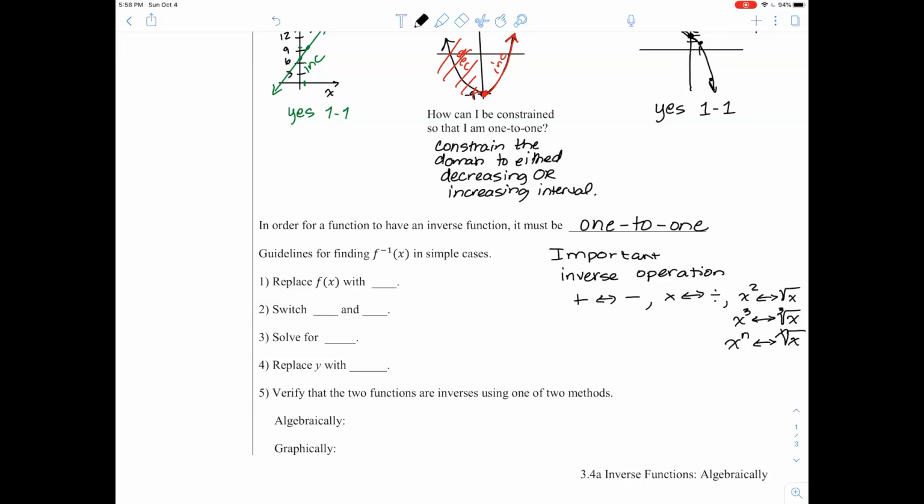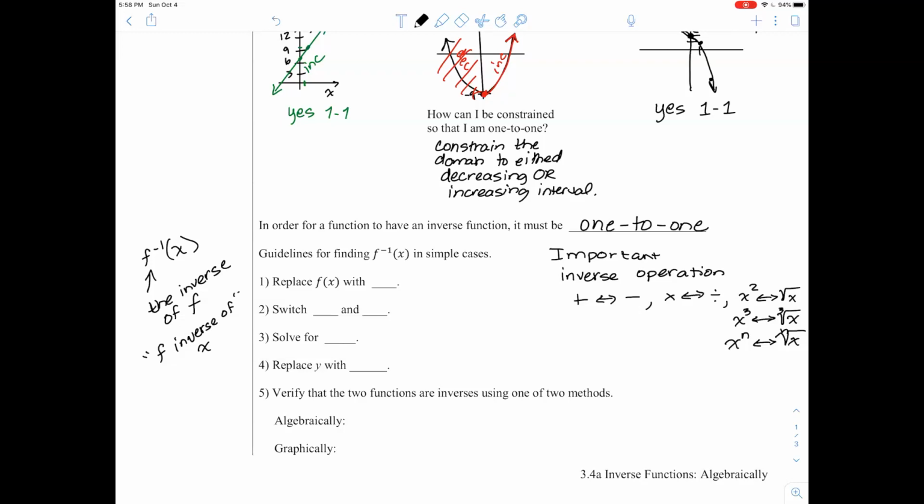And now let's go and fill out our guidelines for finding. This is, by the way, this right here, this notation does not say f to the -1. This says the inverse of the function f, or f inverse of x.